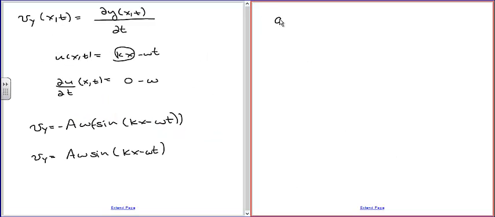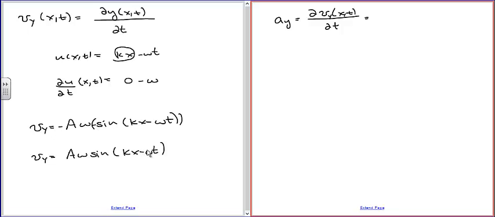And then to find the acceleration in the y direction, it's the partial of v sub y, of x and t, with respect to t. So the same kind of thing happens. We take the derivative, in this case of the sine, which is the cosine. You do get a negative.